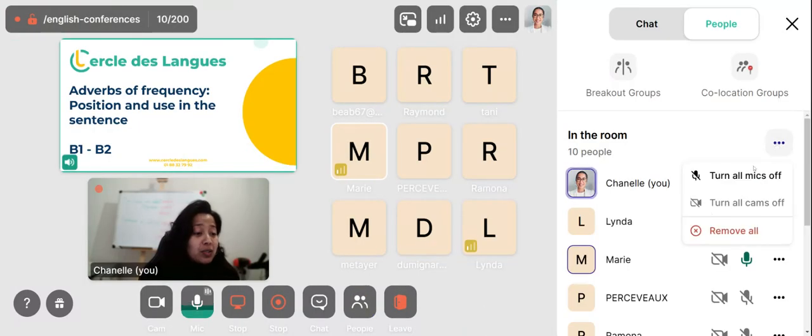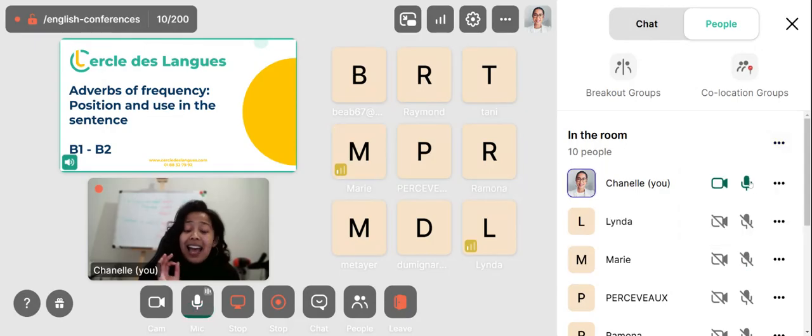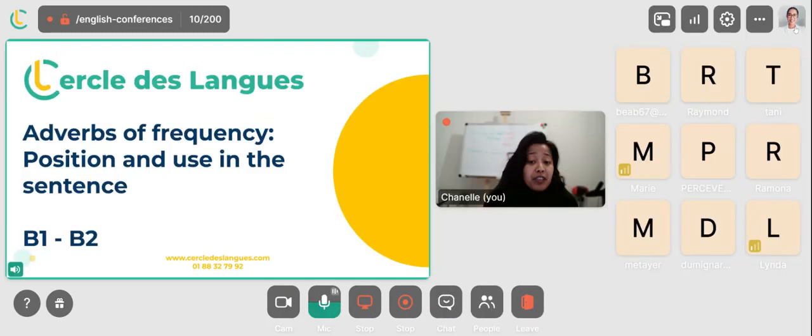Today we are going to be discussing adverbs of frequency, their position and use in a sentence. So, let's begin. It's important to remember that this is a B1 to B2 level conference for this evening.